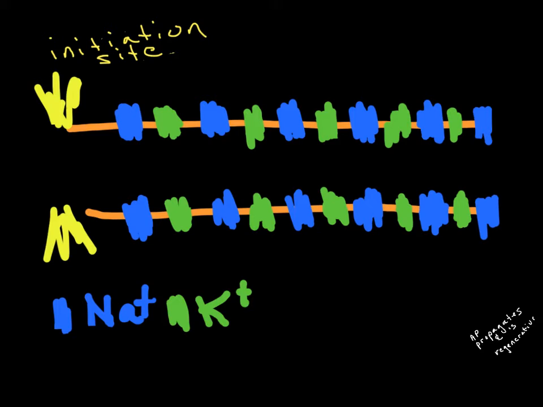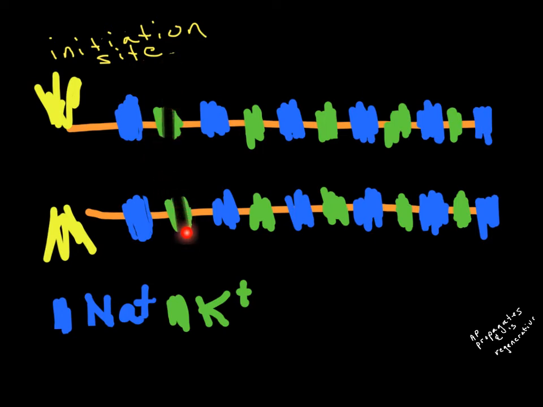So here we are again. We have an action potential at the initiation site. Bam! Sodium gates open up. Sodium comes flooding into the cell, depolarizing the membrane. Sodium gates close. Voltage-sensitive potassium gates are open.